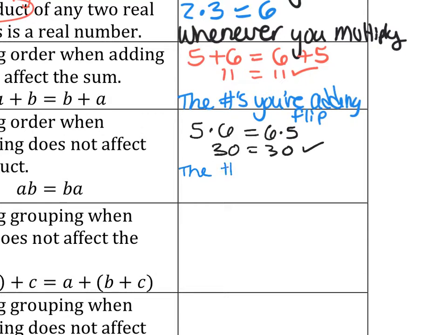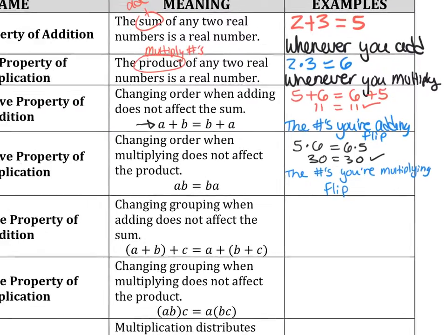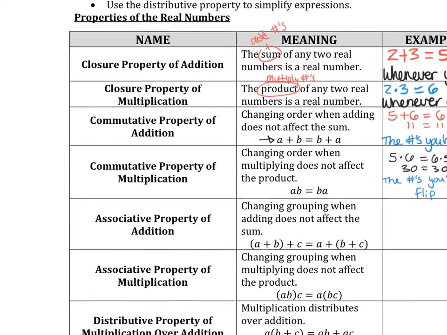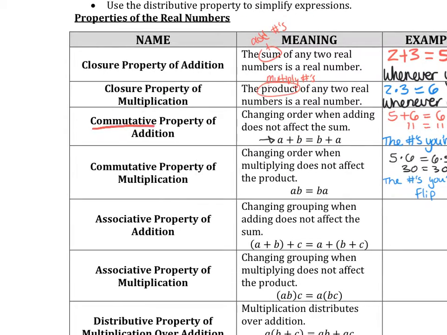So that's when the numbers you're multiplying flip. Okay, so whenever the order is flipping, those are commutative properties.